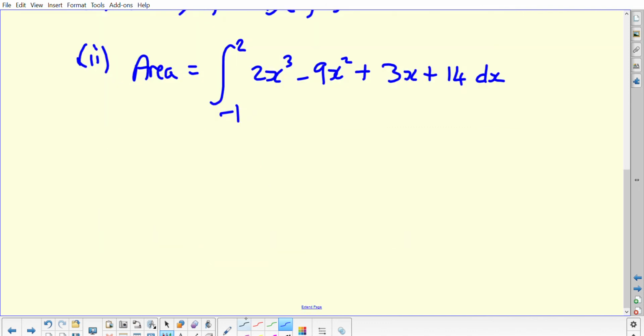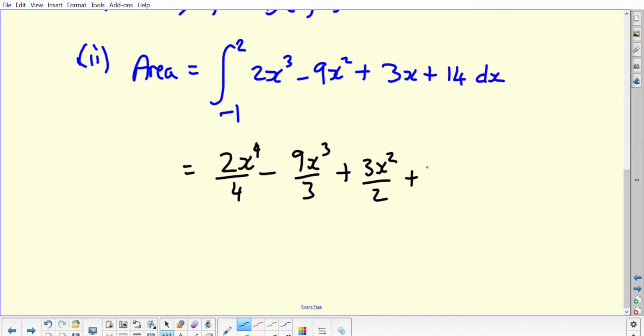Integrating that function gives us 2x to the power 4 over 4, minus 9x to the power 3 over 3, plus 3x squared over 2, plus 14x, and then putting your limits on that.